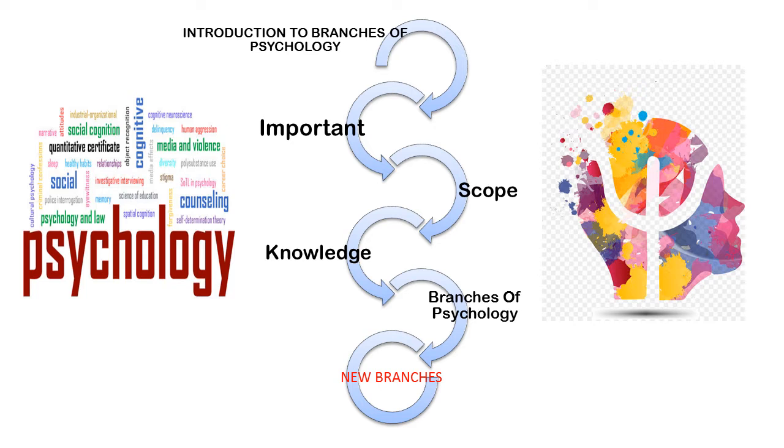Introduction to branches of psychology. In this, we will cover the following points: importance, scope, knowledge, branches of psychology and new branches. Importance. Psychology is an important science in modern times.